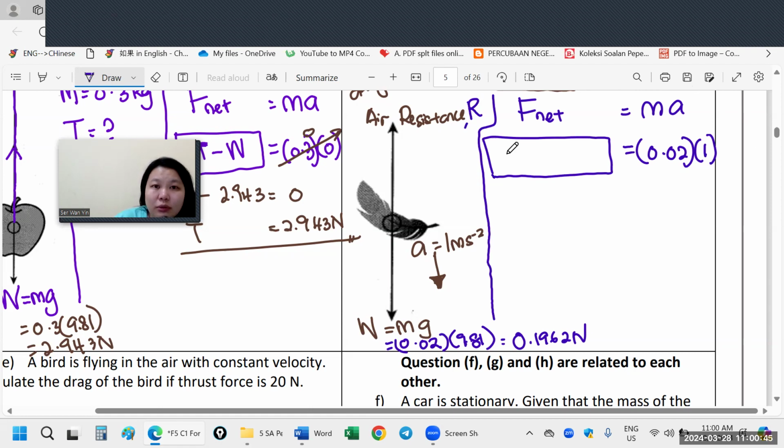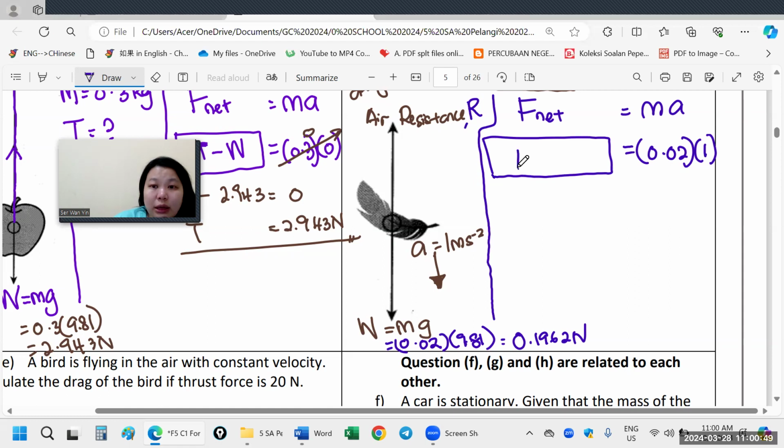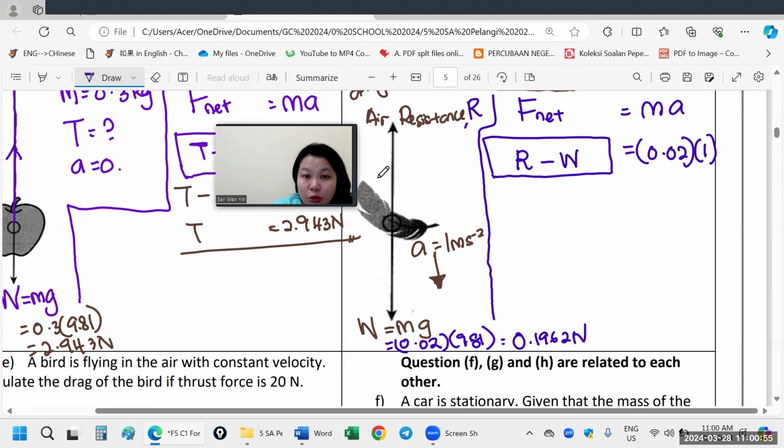Okay, so R minus W. Actually, sorry, I say up minus down.